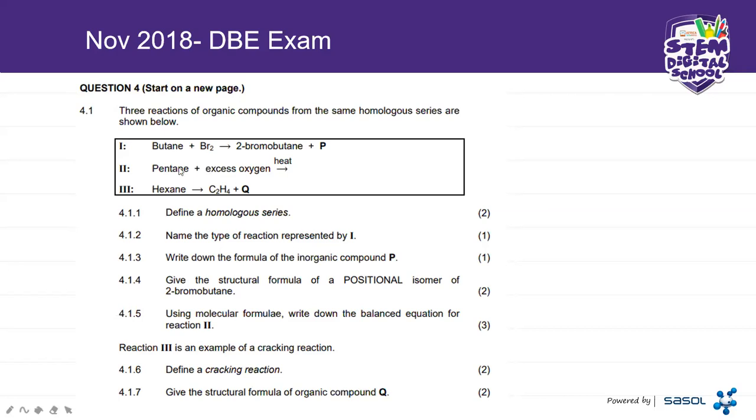Once you have that, you can start balancing. We know pentane is C5 and an H equivalent.